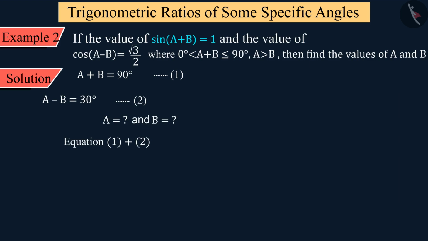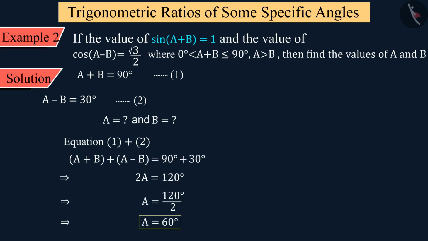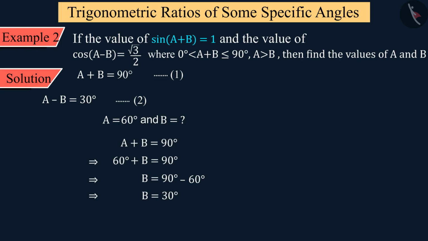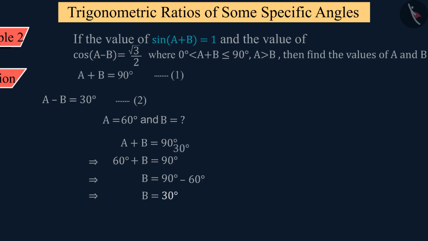On solving this, the value of A is obtained as 60 degrees. So, can you tell what will be the value of B? Well done! By putting the value of A in either equation 1 or 2, we get the value of B as 30 degrees.